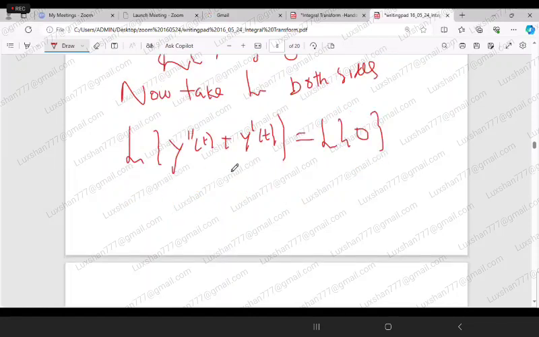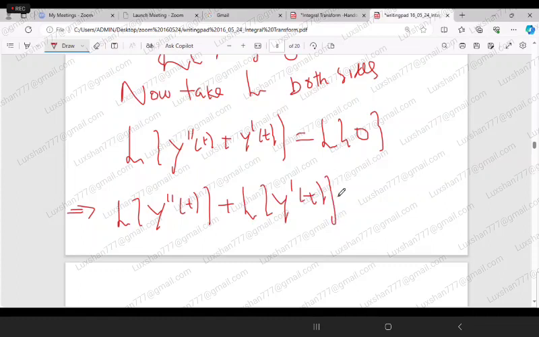Using the linearity property, you can always write this as Laplace transform of Y double dash t plus Laplace transform of capital Y dash t equal to Laplace transform of 0.